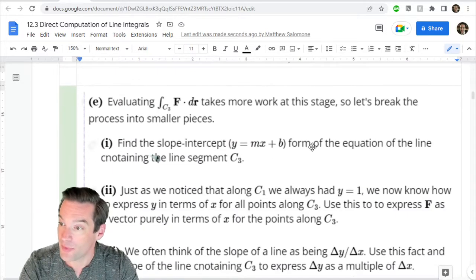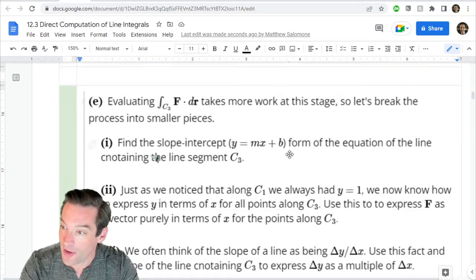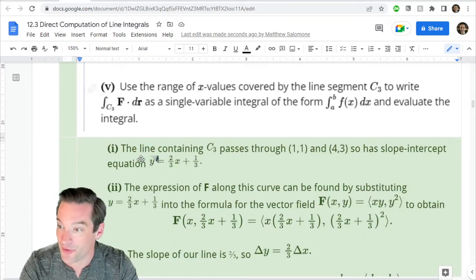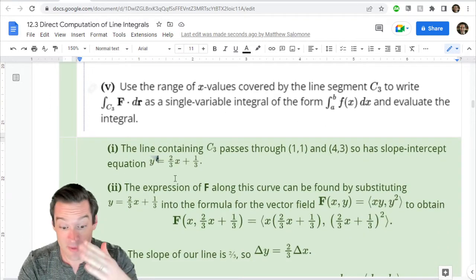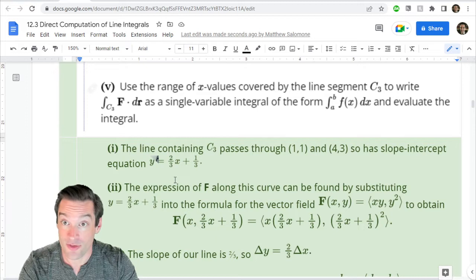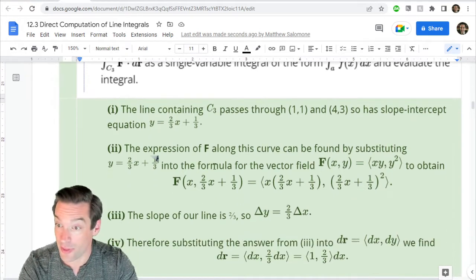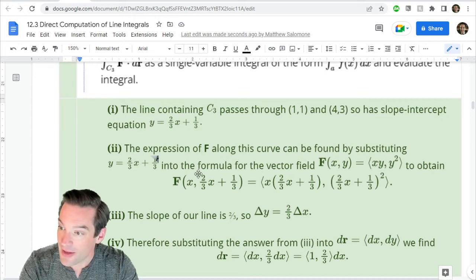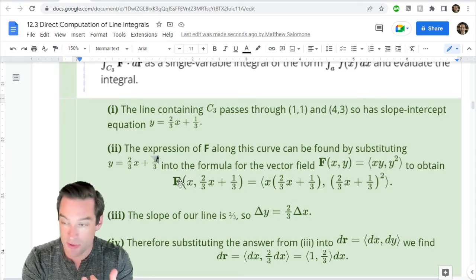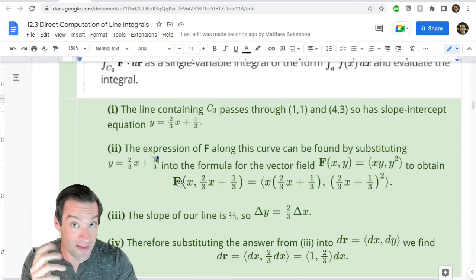And so this problem walks us through a process of computing that path integral by first writing an equation for that diagonal line, the diagonal side of this right triangle, using slope-intercept form, y equals 2/3 x plus 1/3. And then evaluating the vector field by substituting 2/3 x plus 1/3 in for y. And that gives me, yet again, a vector field with only a single variable dependence, and that's a dependence on x.